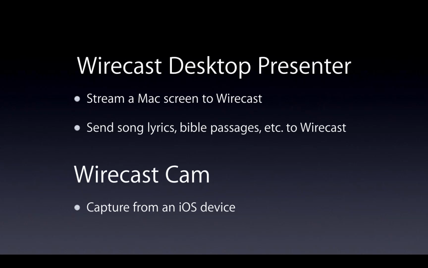And then we also have iOS device input. So if you have iPhones, iPods, iPads, and so forth, other Mac devices, you can bring in wireless, you can use their cameras, and many of them have wonderful, high-resolution HD video cameras, and just by downloading our app called Wirecast Cam, again, free to download, you hit the stream button on the app, and it will stream wirelessly over the Wi-Fi network in the church, and Wirecast can pick up the HD video signal that way.